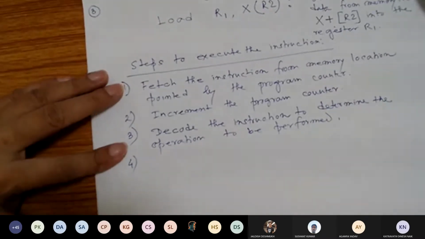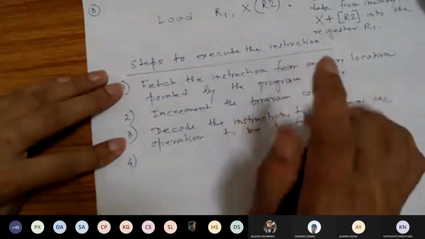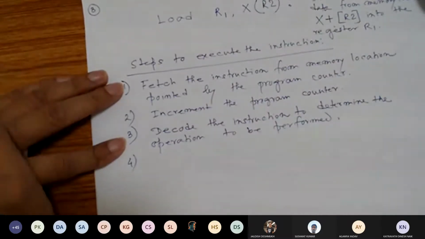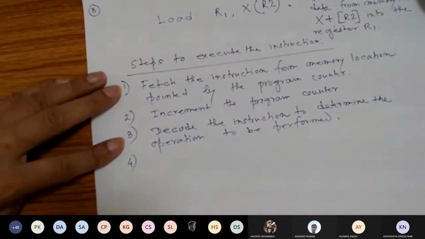Fourth step, not stage, I'm not talking about stages. I'm talking about steps here. These are not stages. Multiple steps can be included into one stage.